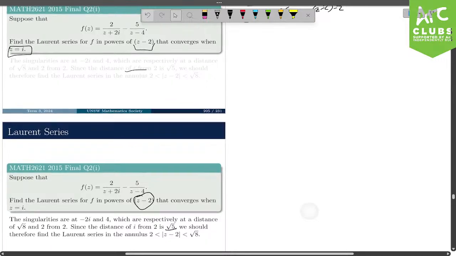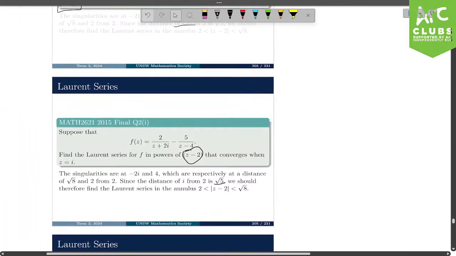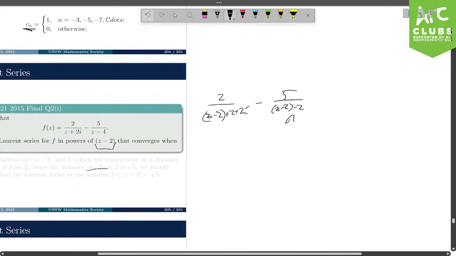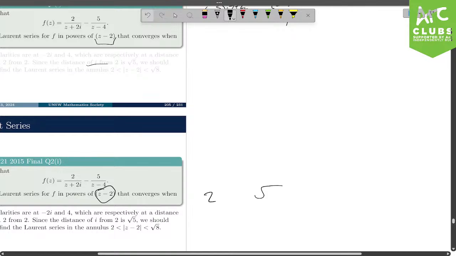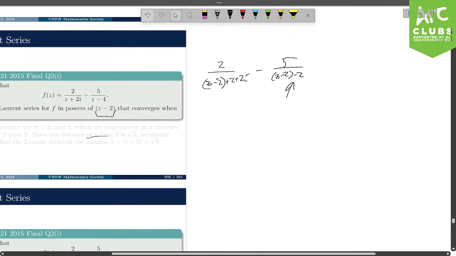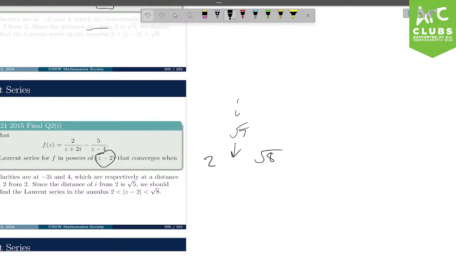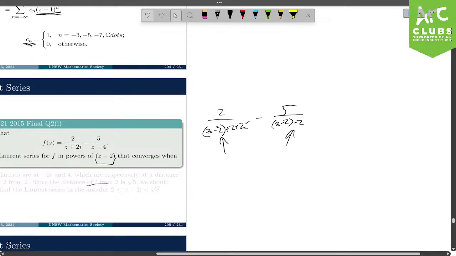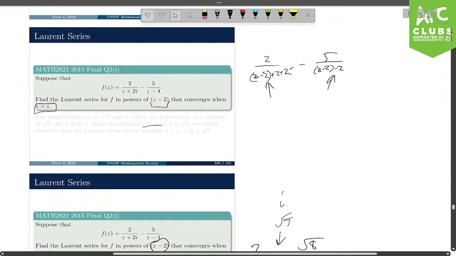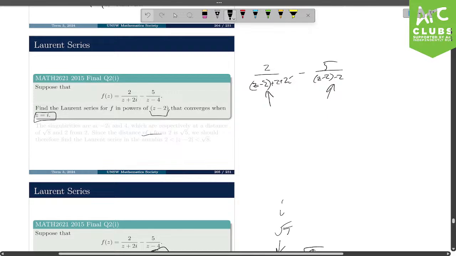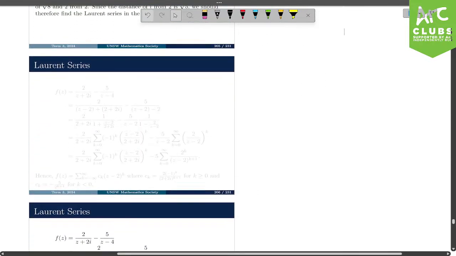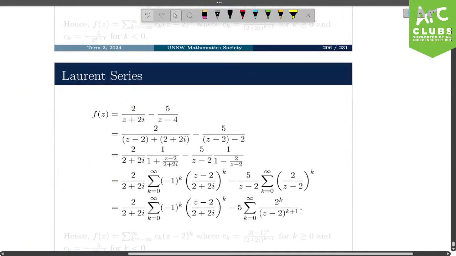So main things I need to think about is, first of all, we have the bound of 2 given by this one, and the bound of root 8 given by this one. Now I think about, in relation to these two values, where does i sit? i sits at root 5, which is squat in the middle. Okay? And since it is in the middle, one of these will remain as such, one of them I will perform a reciprocal on. Okay? And so we go forwards.